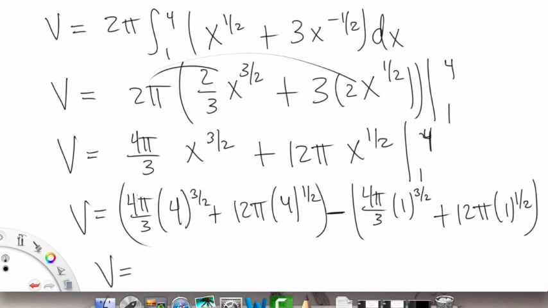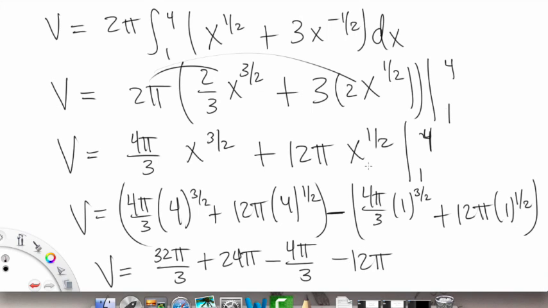V is going to equal, the square root of 4 is 2, and 2 to the 3rd is 8, so 8 times 4 is 32 pi over 3. And then for the next term, the square root of 4 is 2, and 2 times 12 pi is 24 pi, and then we have a minus 4 pi over 3 here, and a minus 12 pi.